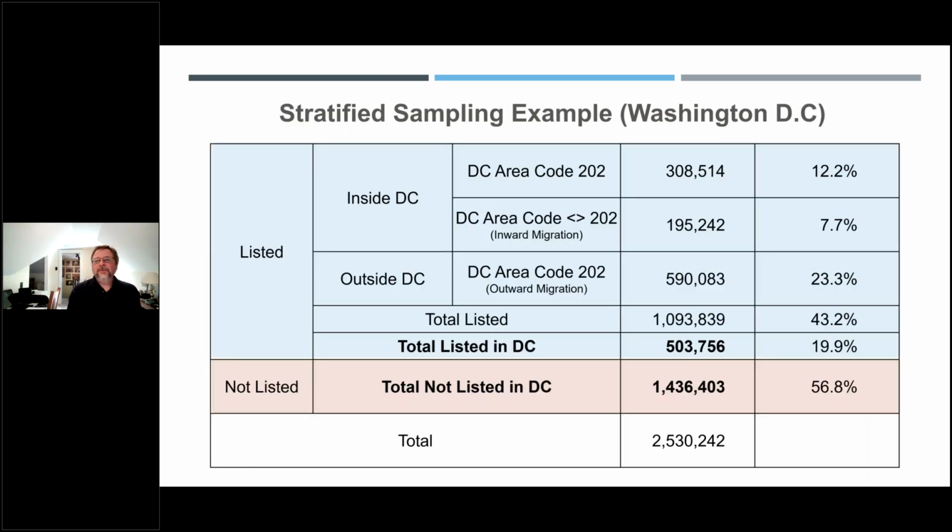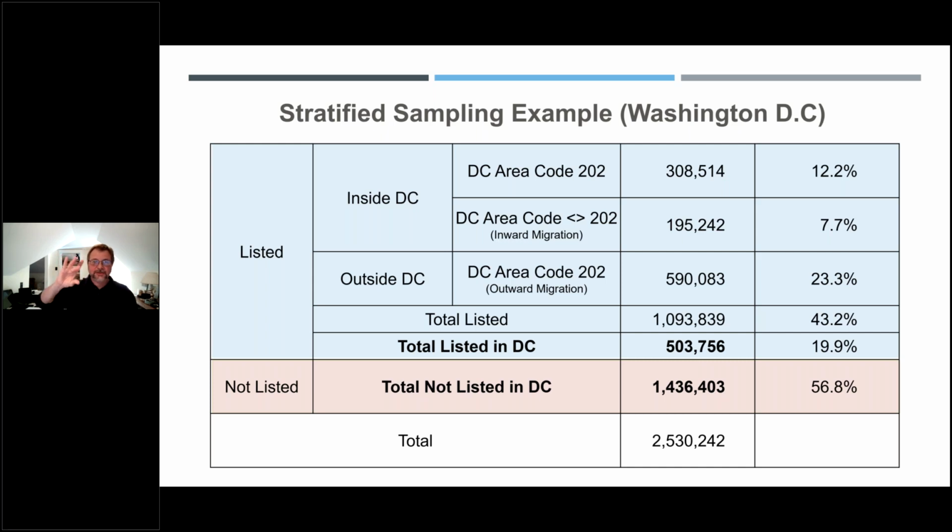This is an example of a stratified approach. Basically, this is looking at Washington, D.C. You can separate the frame into your listed and your not listed. The listed is the light blue. The not listed is the pink. And within a traditional RDD, you have some listed components.